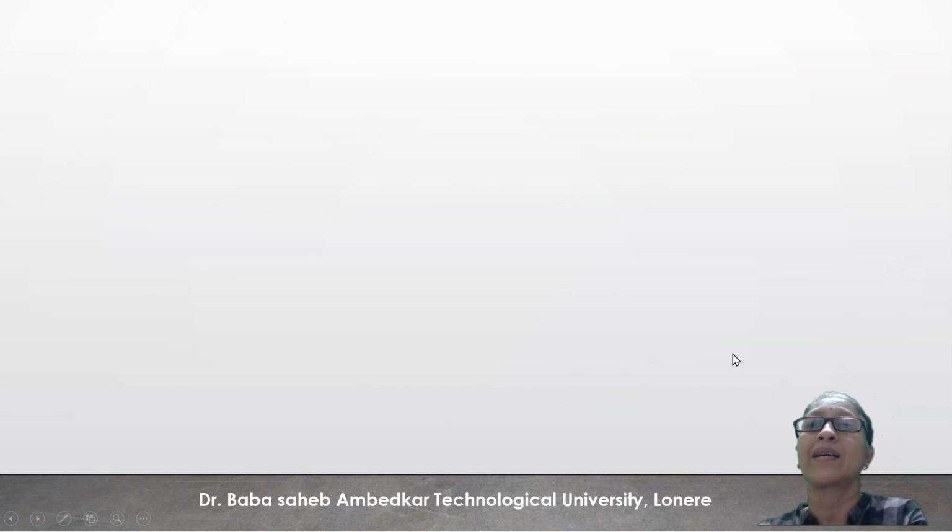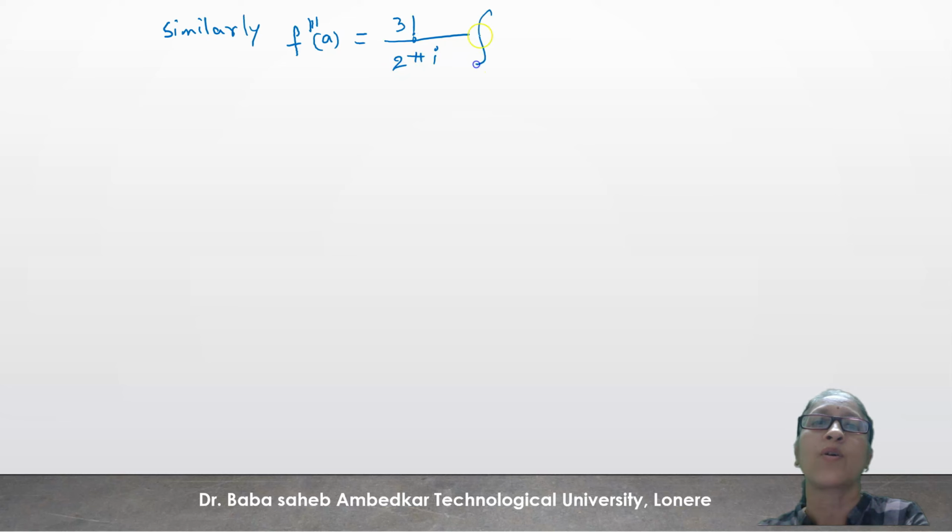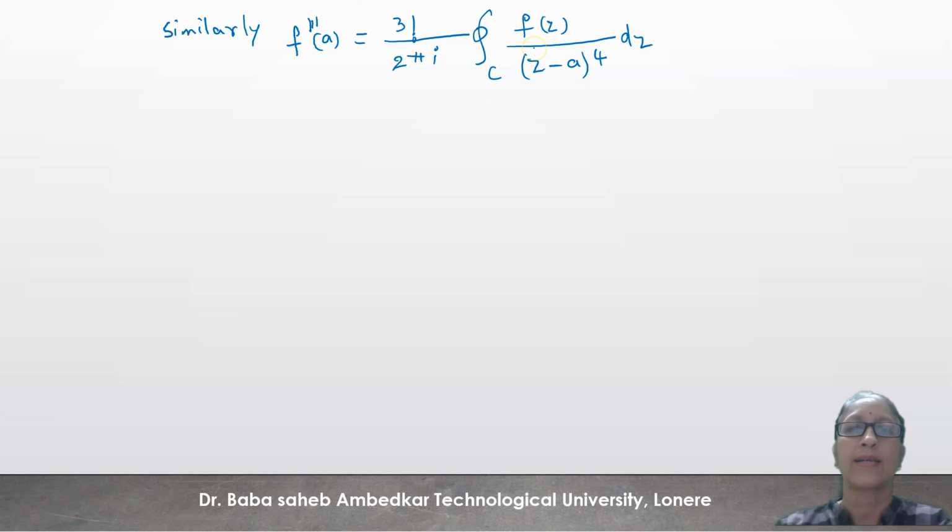similarly, f triple dash of a equal to 3 factorial upon 2 pi i contour integration of f(z) by (z minus a) raised to 4 dz.